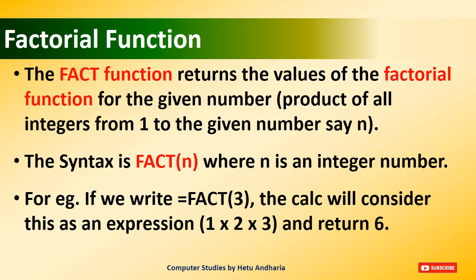The general form of the function is equal to fact into bracket the number, where the number is an integer number. For example, if we write is equal to fact into bracket 3, then Calc will consider this as an expression 1 into 2 into 3 and return us 6.